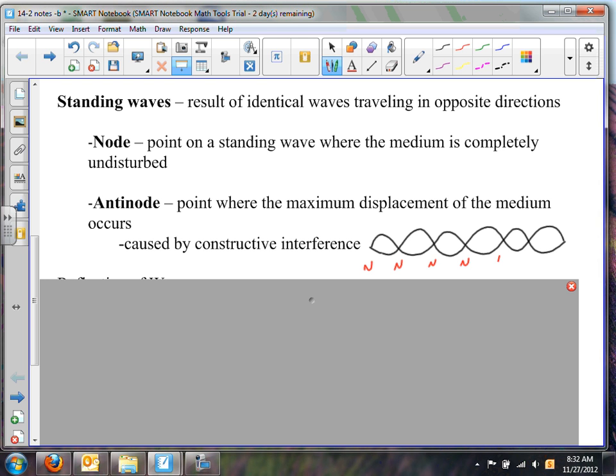Notice the wave is right at the same middle or rest position. The antinodes are where you have maximum displacement. So that would be where you have constructive interference between the forward wave and the reflected wave. Notice you've got 1, 2, 3, 4, 5, 6, 7 nodes and 6 segments of the wave. There's always one more node than a segment.